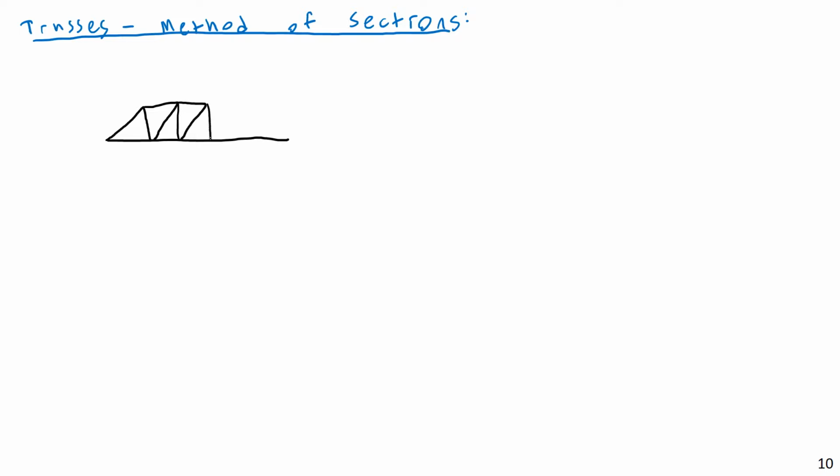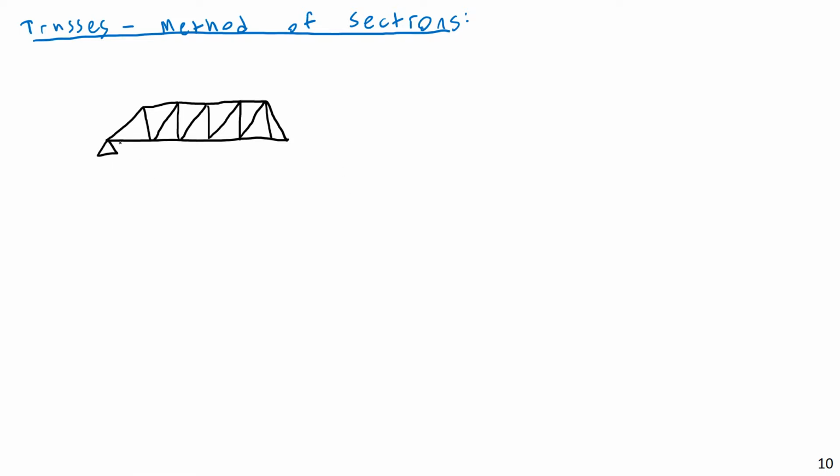So I'm just going to draw out a little truss here. Make it a happy truss. Maybe I'll just do something like this. This is turning out ugly. And there we go. Okay, so your basic truss.